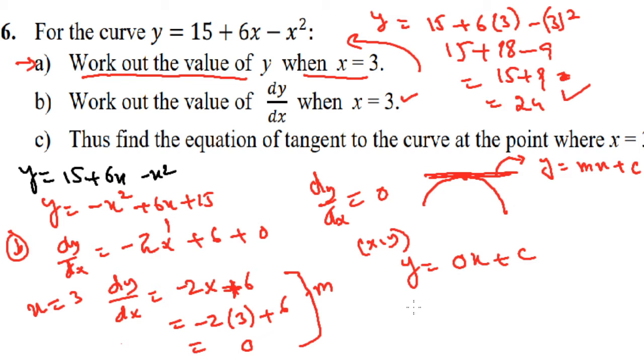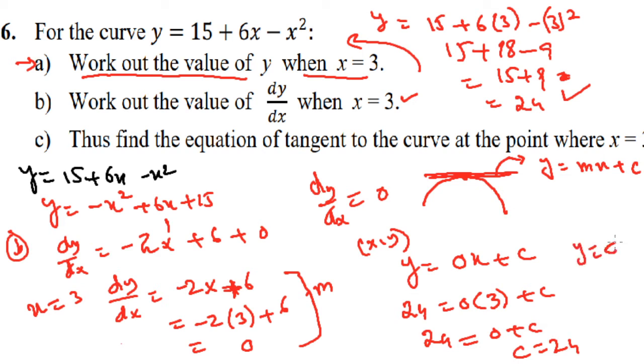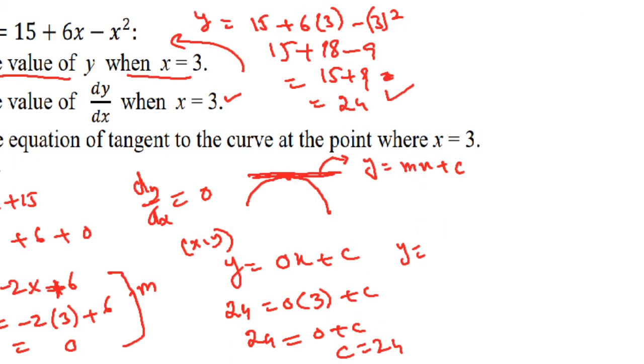Now put these values: here is 24 equals 0 into 3 plus c. So c becomes what? 24 is 0 plus c. So c becomes 24. The equation becomes 0x plus 24, or y is equal to 24.